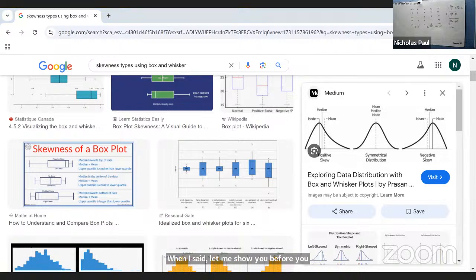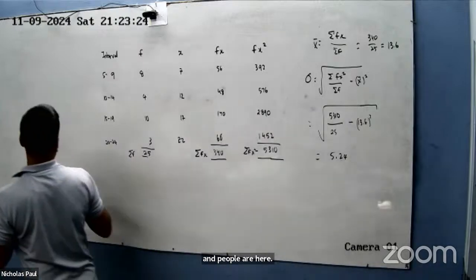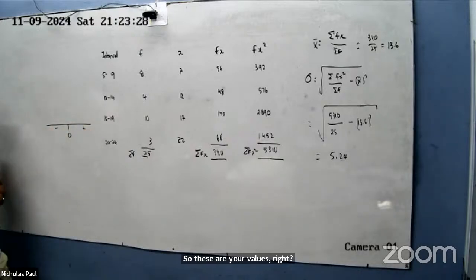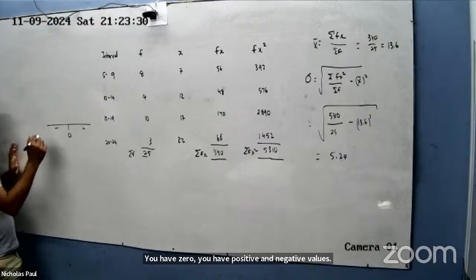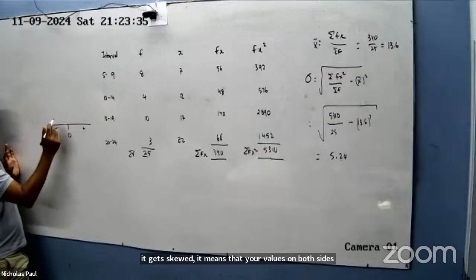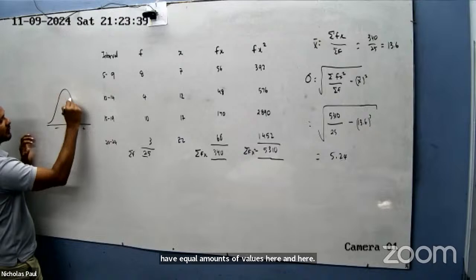Watch this here on the board. So these are your values. You have 0, you have positive and negative values. If it's perfectly symmetrical, it means that your values on both sides are the same. So you have an equal amount of values here and here. So it will look something like that.